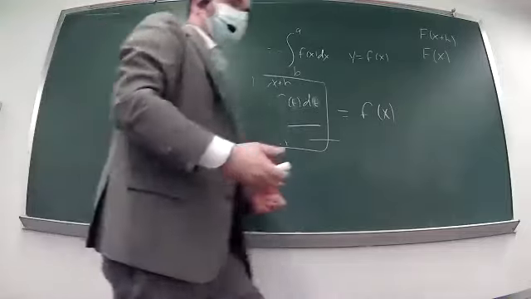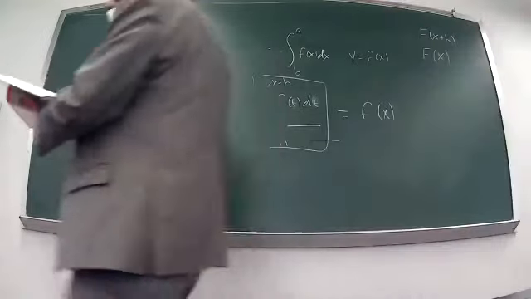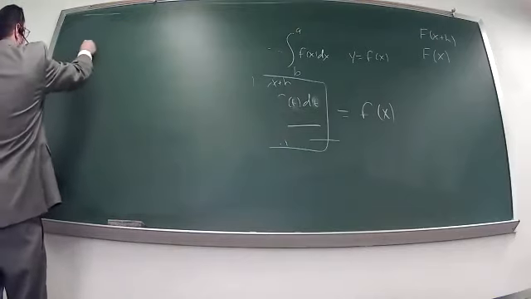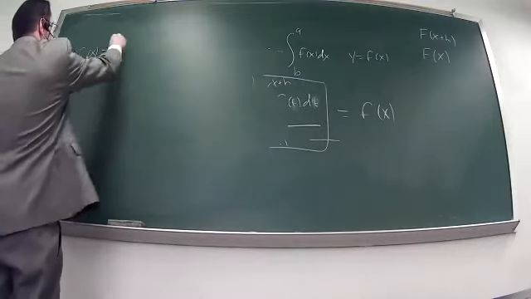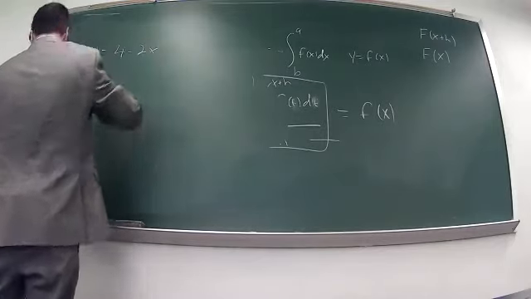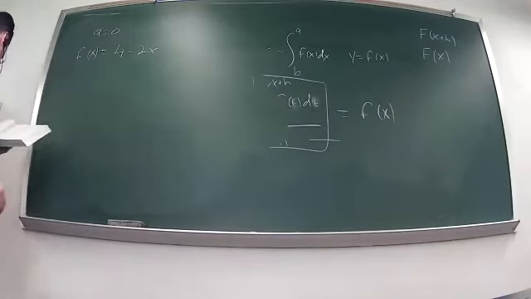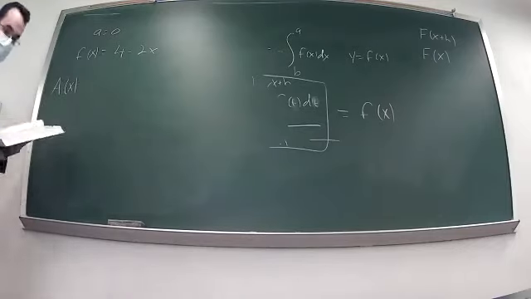So let's just start with this very first one. This is the 5.5 exercises. So 5.5 number 1. It says that you're given some little f of x equals 4 minus 2x, and let's take a equals 0. So what it says to do is to create an area function A of x.